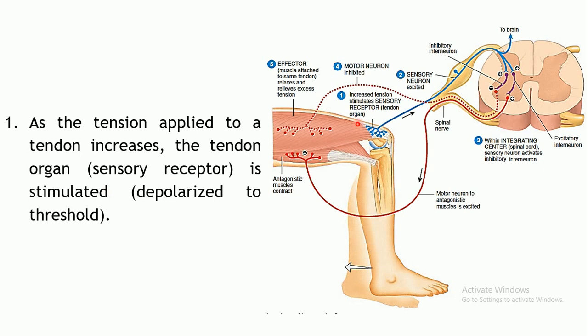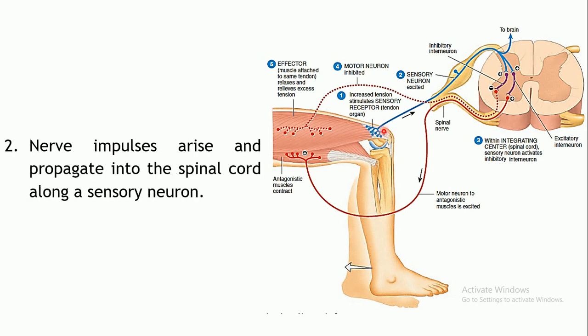So obviously the input will be at the tendons, right? So the tendon organ is acting as a sensory receptor, which is continuously monitoring the tension in these particular muscles. So as the tension is applied, the tendon organ is stimulated, it is depolarized to the threshold, and a nerve impulse will be generated.